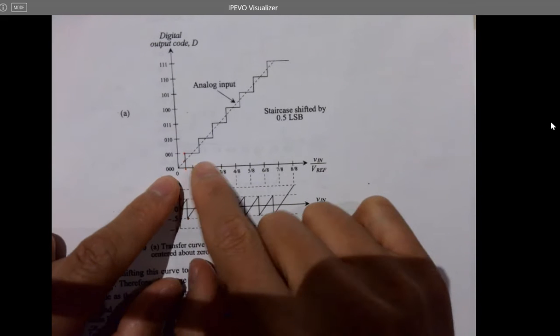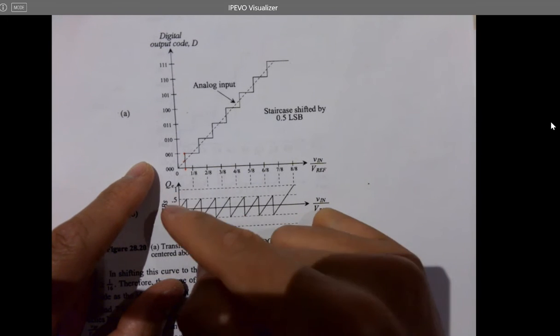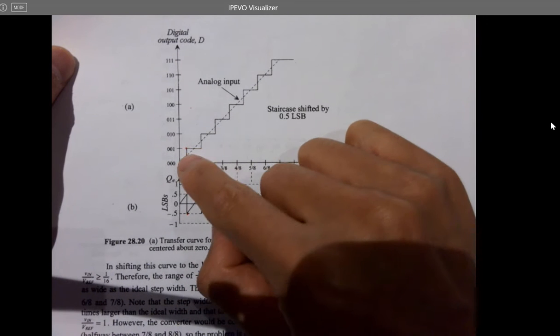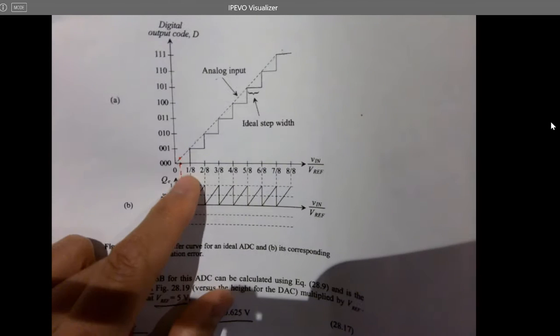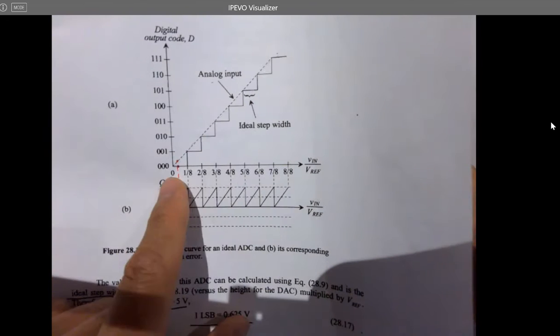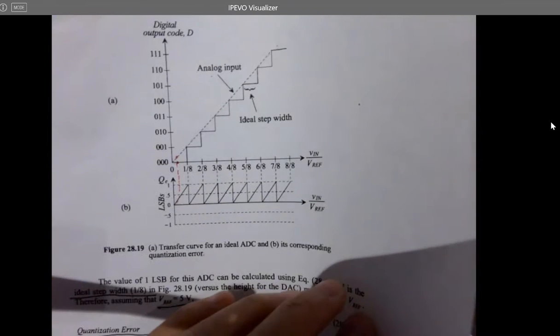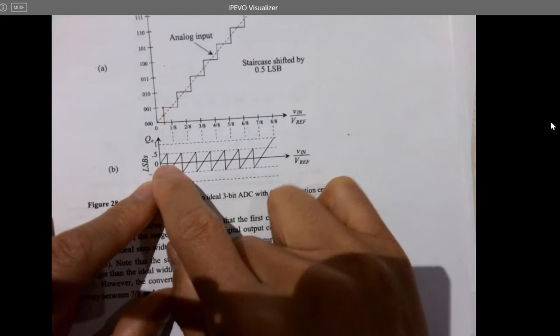But if you shift the curve to the left by half LSB, compare this curve, the ADC output, to this one. The difference is the second one just shifted the ADC output to the left by half LSB. It's very interesting. So it's going to reduce the average quantization errors.